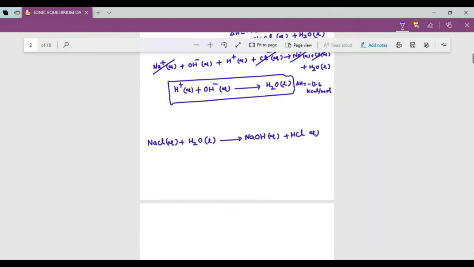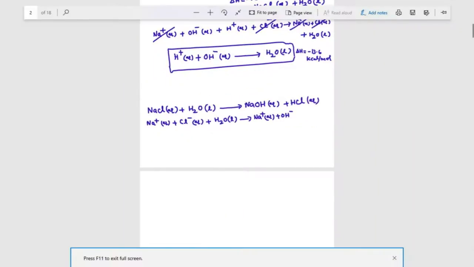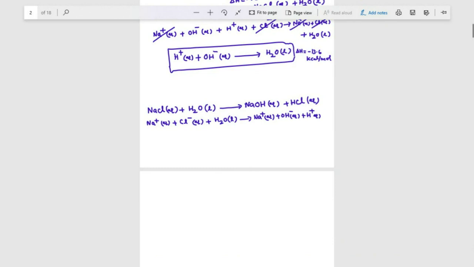In the same way, if I simplify this, in the solution this NaCl is present in the form of Na plus and Cl minus ion. Sodium hydroxide is a strong base. It is an example of a strong electrolyte. So it will be 100% dissociated. So it will be present in Na plus and OH minus form. HCl will be present in H plus and Cl minus form.